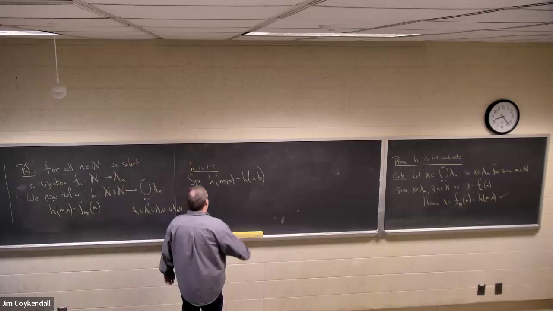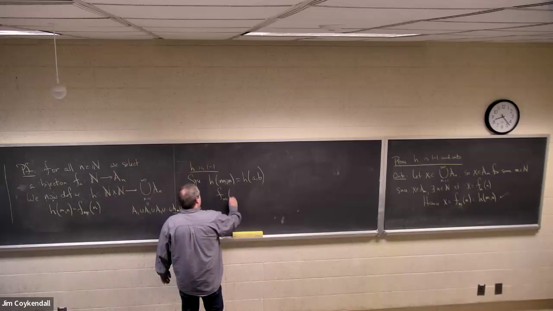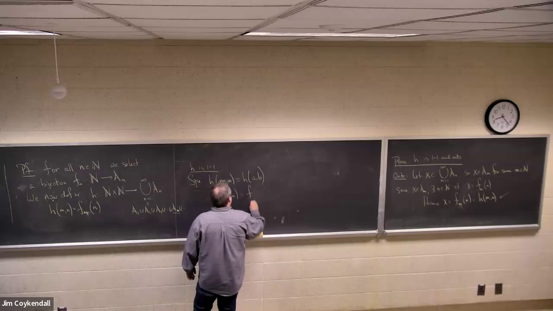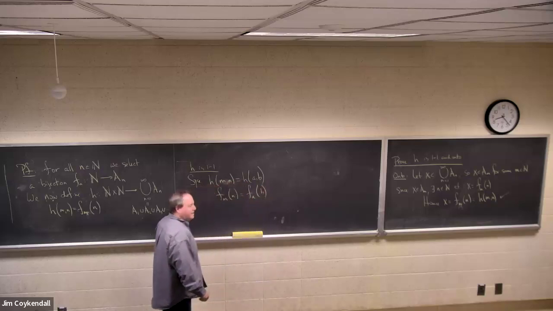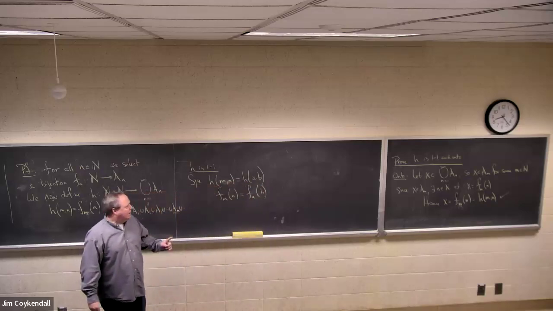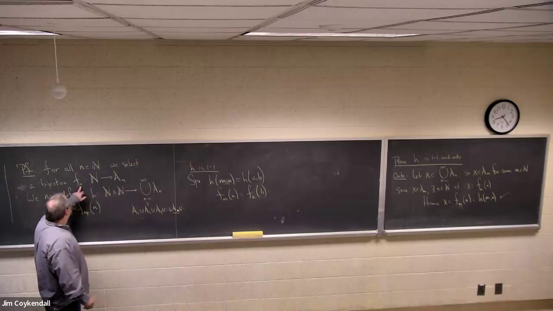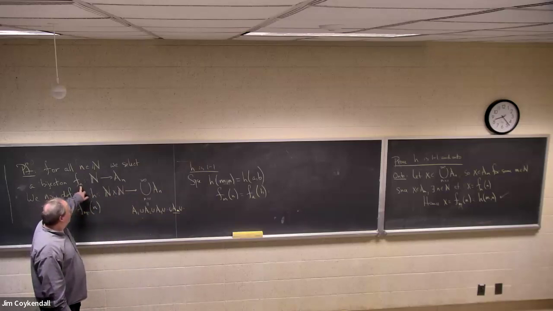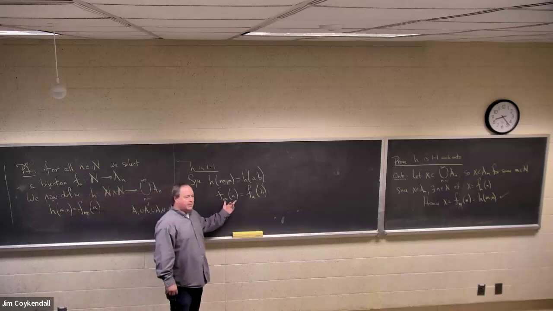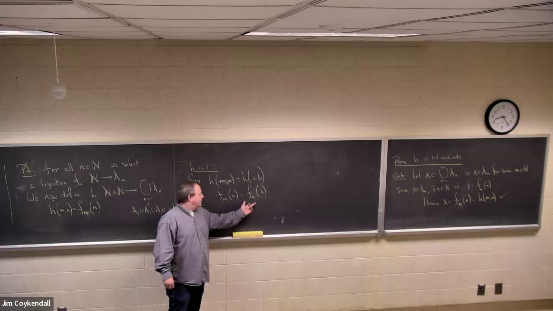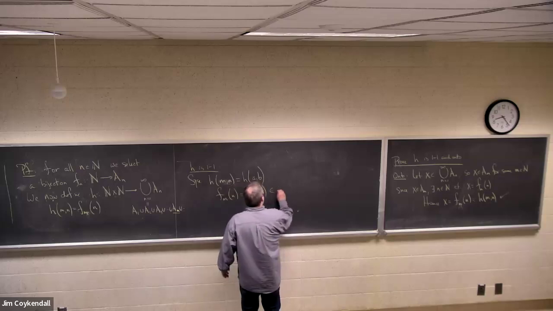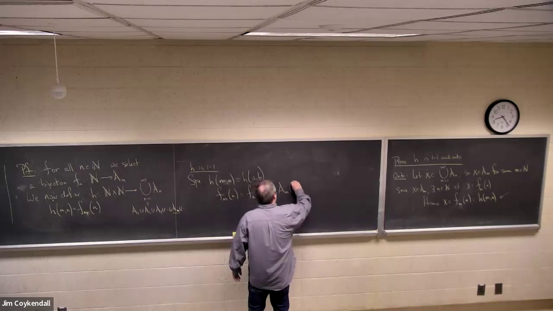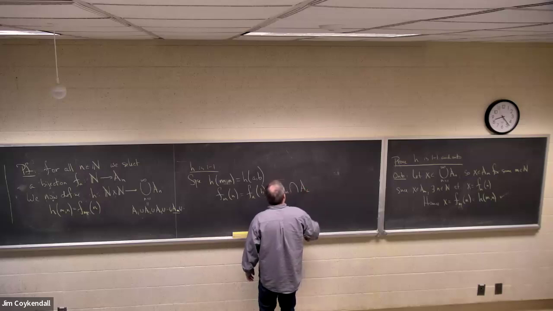This means that F_M(N) equals F_A(B), right? Now let's think about what this means. This is a function that takes a natural number and gives something in A_M, and this is something in A sub little a. So this thing actually lives in A_M and A_a.